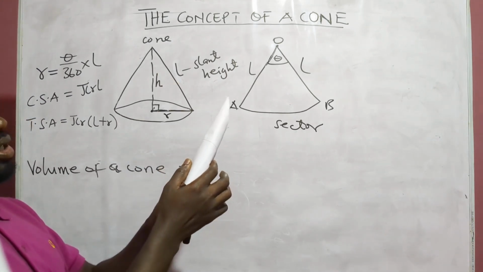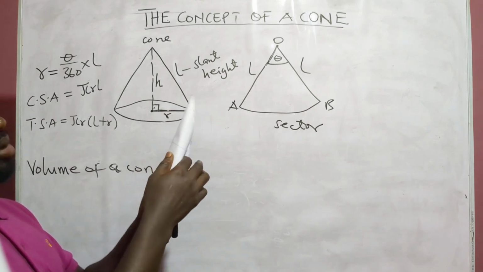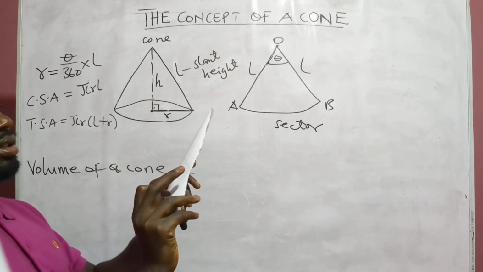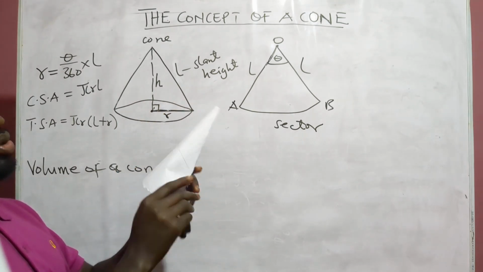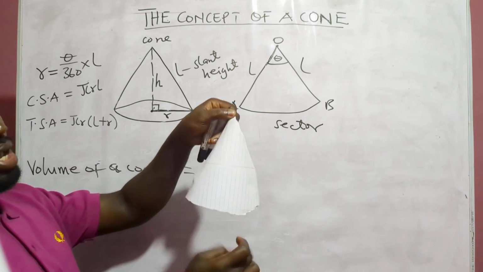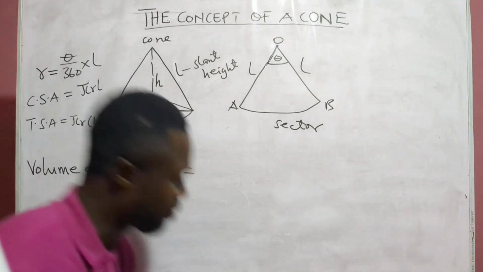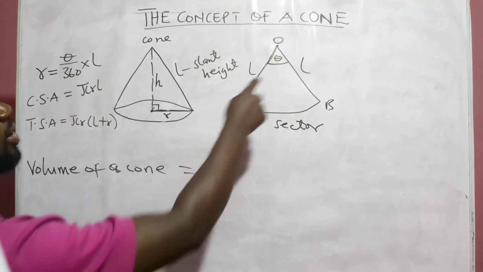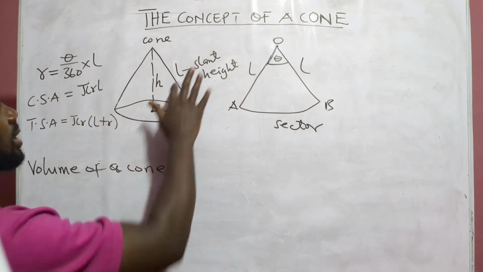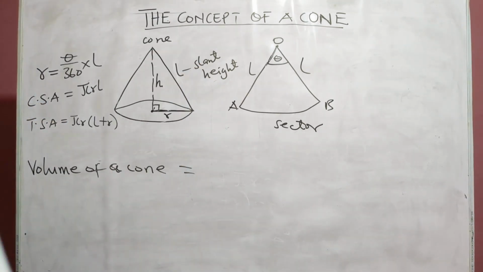So the radius of the sector is equal to the slant height of the cone, which is L. Now let's look at the volume.